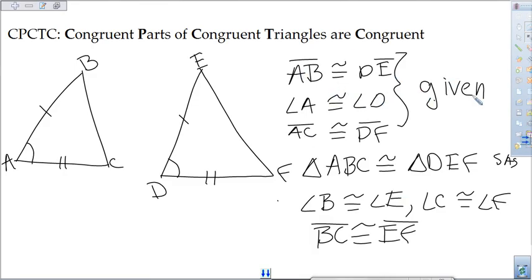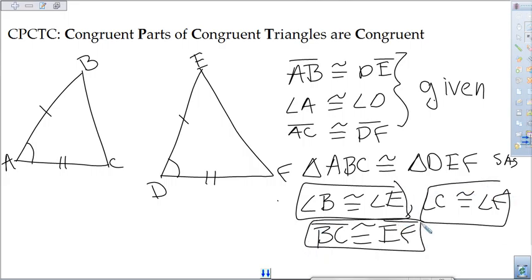If I can show that my triangles are congruent with these three parts, then I can see the rest of them will be congruent. Okay? So I use these to prove this, because what I really want to show is one of these. And you'll see that in a second. Okay? That is our next example.